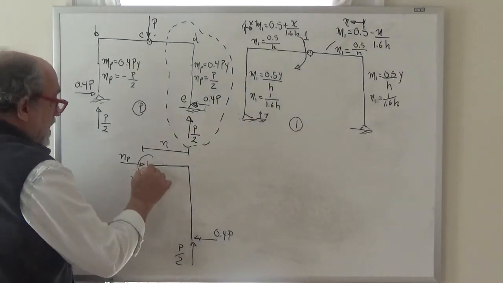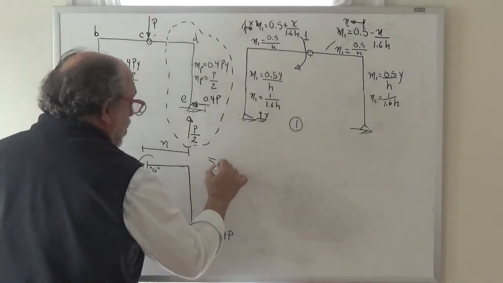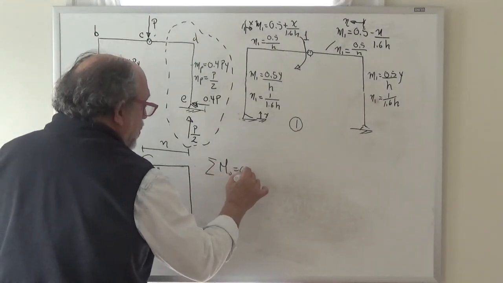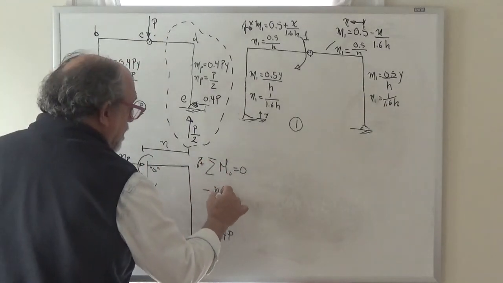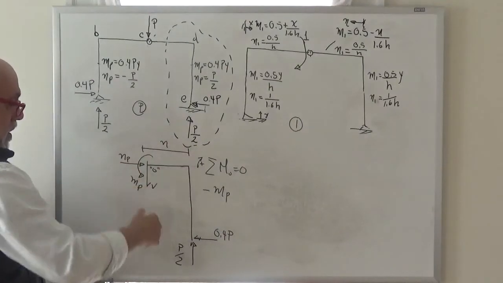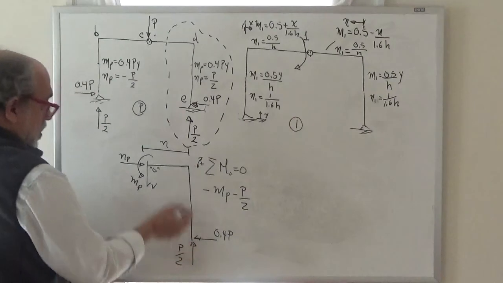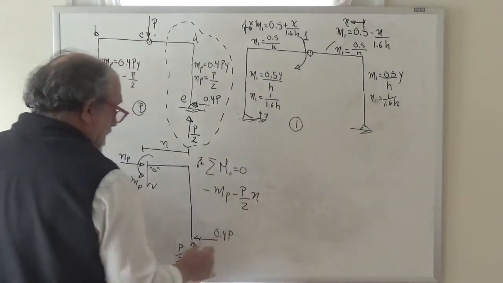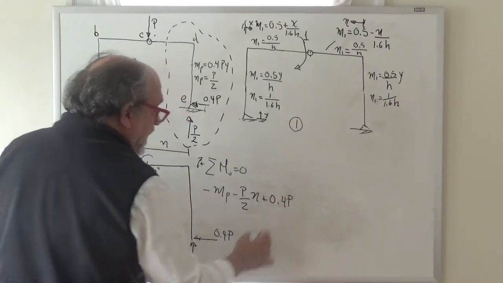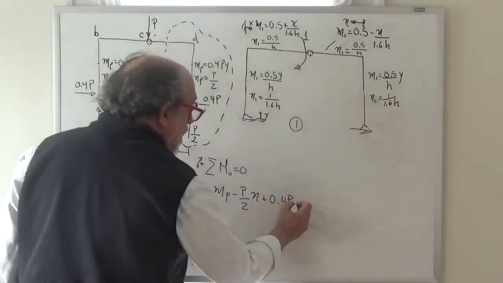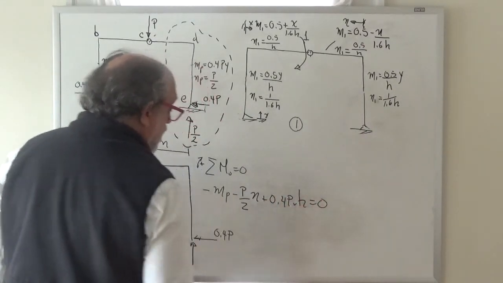So now I can do statics. This is my point O, and so I can say sum of the moments about point O equal to 0. Clockwise is plus, so I find minus MP minus P over 2 times N plus 0.4 P times H is equal to 0.